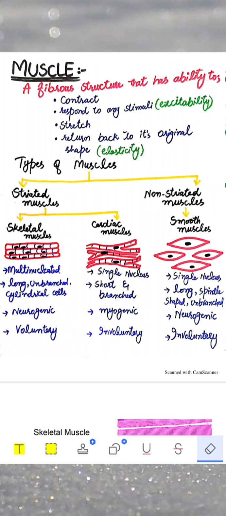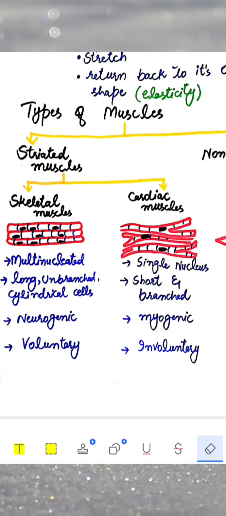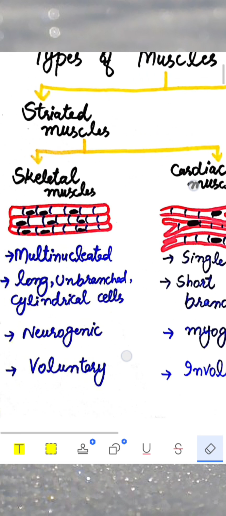Now the striated muscles, there are two types of the striated muscles: the skeletal muscles and cardiac muscles. Come to the first category, that is the skeletal muscles. You can see the cells of the skeletal muscles are multinucleated. Single nucleus is not present, more than one nucleus is present in these types of cells.